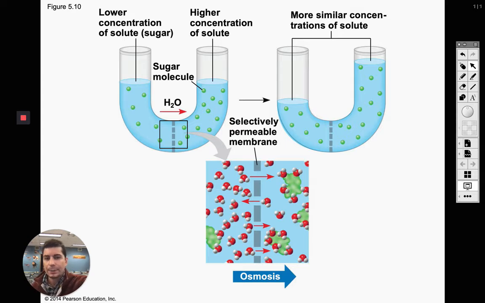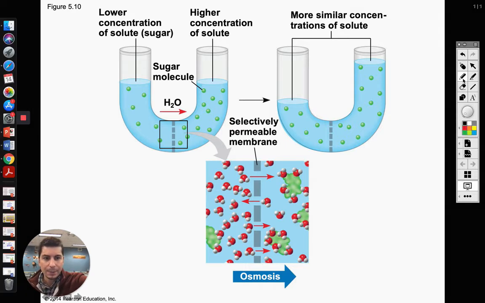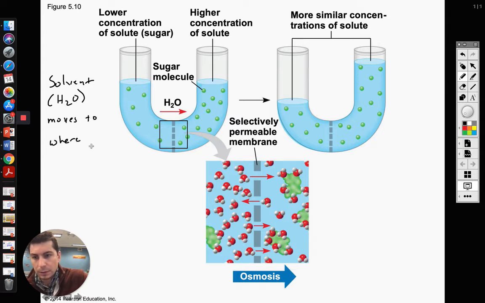So what's going to happen here? What's going to happen is our water is going to move, so our solvent, which is water, moves to where there is more solute.